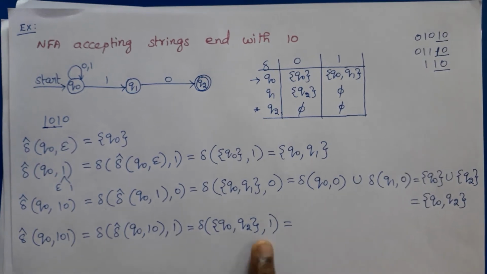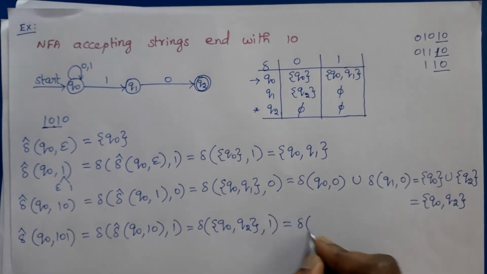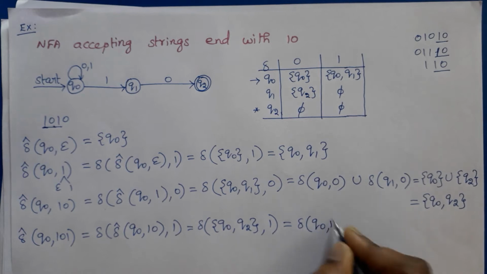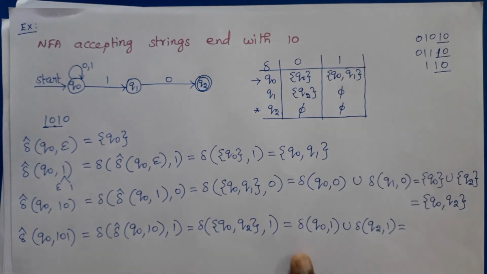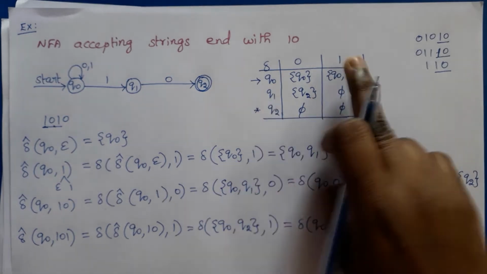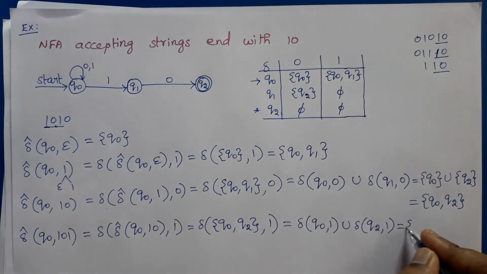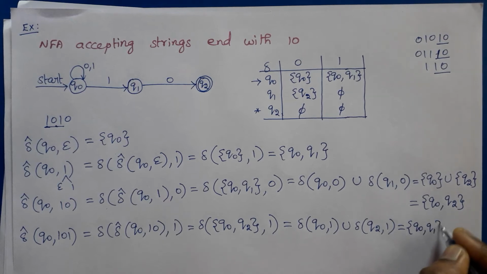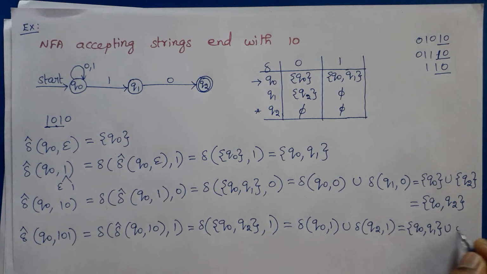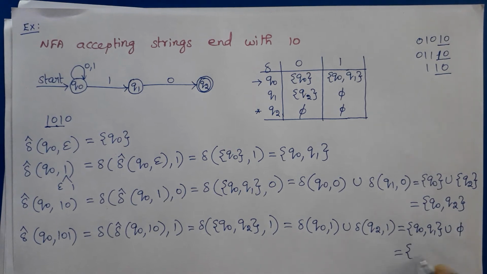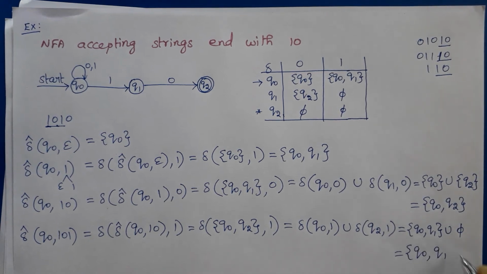So now we have to perform the union operation. So delta q naught comma 1 union delta q2 comma 1. So q naught comma 1 is q naught q1 union q2 comma 1 is phi. So if we perform the union operation we will get q naught q1.